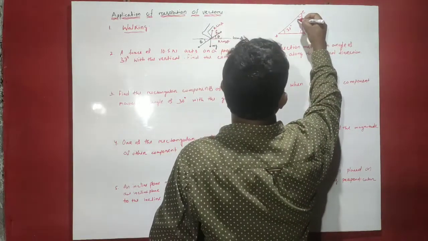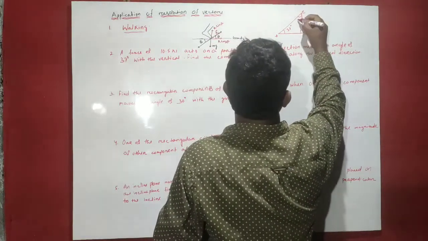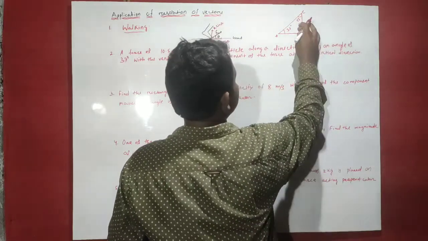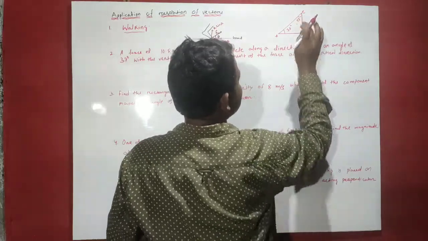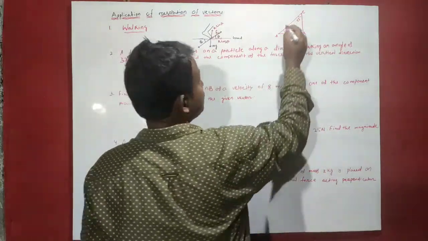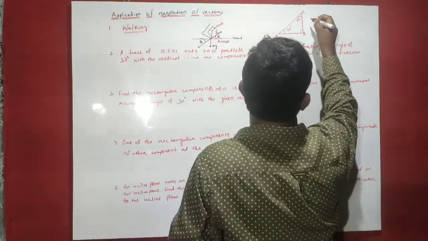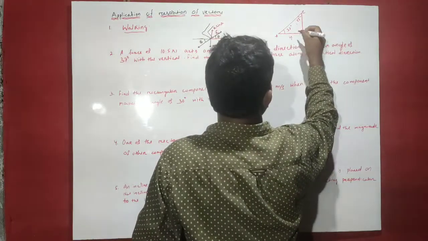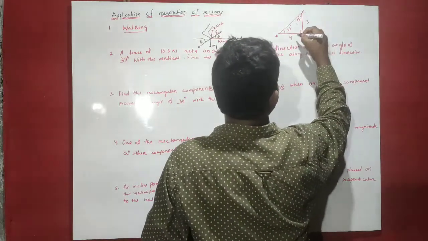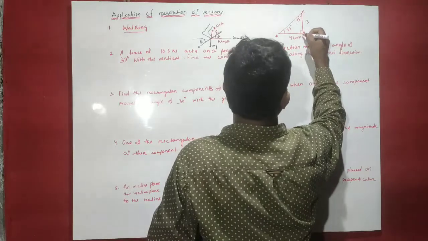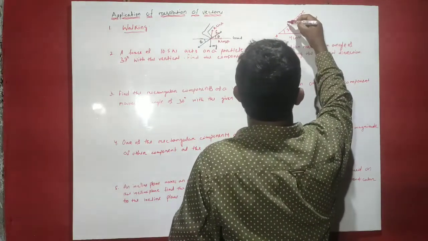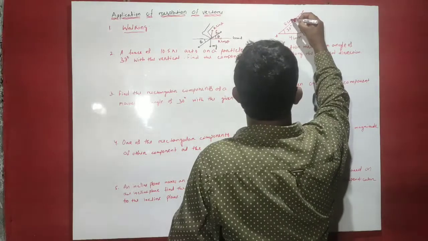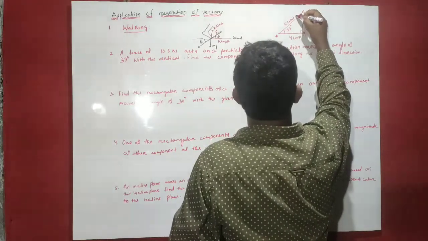That means angle C is equal to 53 degree, because the two angles add up to 90 degree: 90 minus 37 degree is 53 degree. This side is 4 unit, this side is 3 unit, and this side is 5 unit.